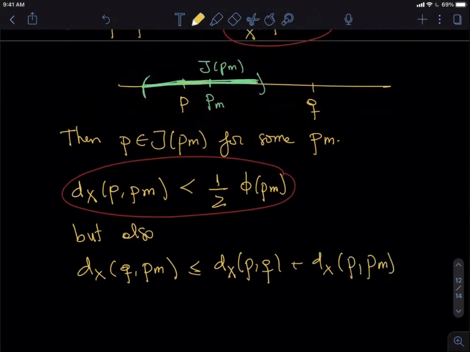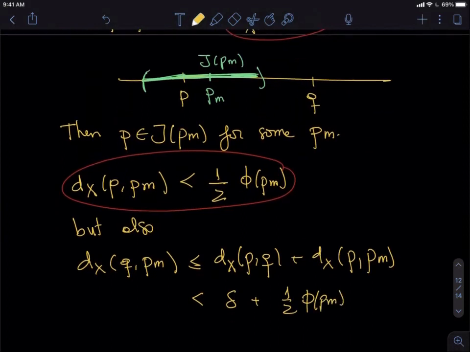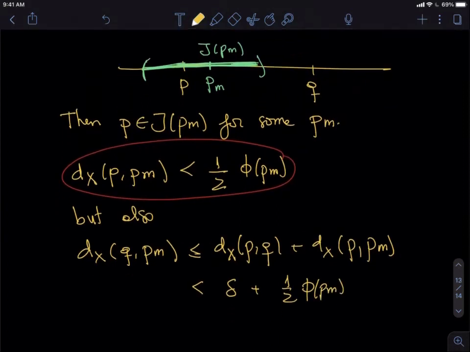And this is less than delta plus 1/2 of phi of Pm, and the whole thing is less or equal than phi of Pm. This is the reason why we took half of the phi. I did a similar thing in the example.